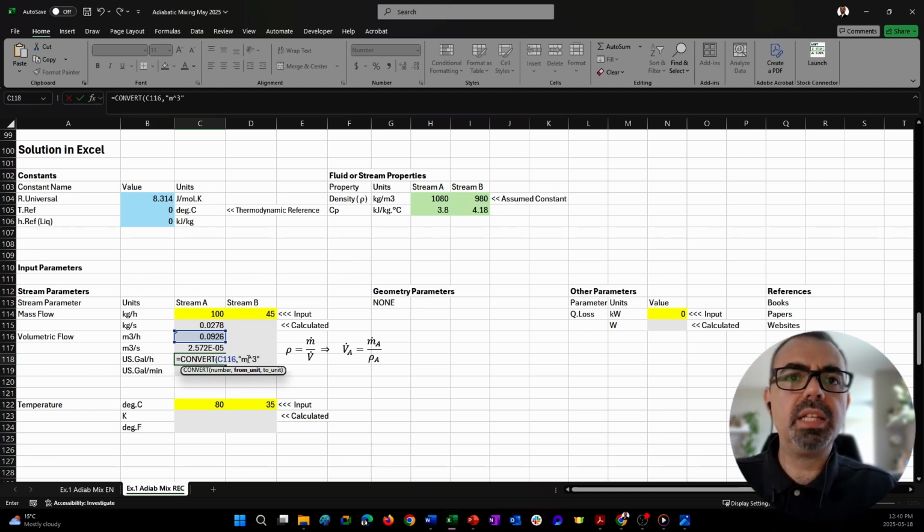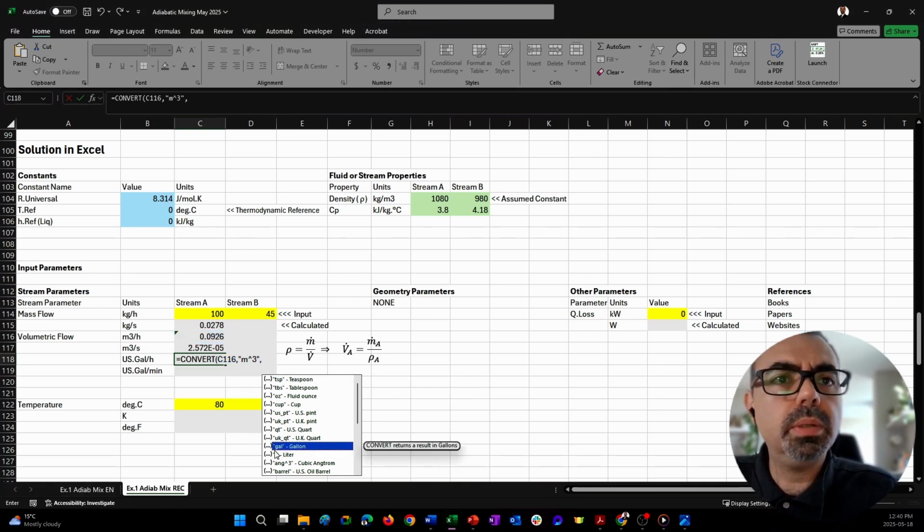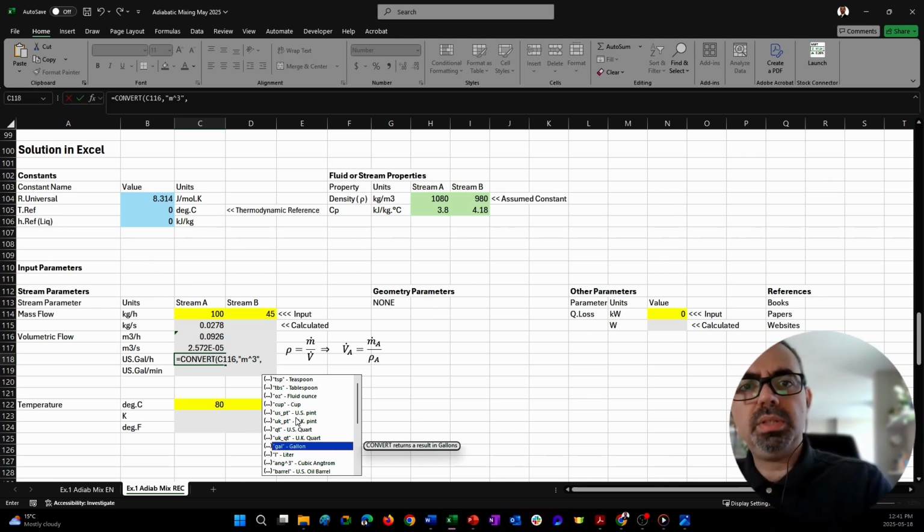Then it will ask me the next argument, to which unit you want to convert it. So I'm going to select the units that are related to volume, gallon. Notice one thing: once you select your original unit, Excel will tell you the other units you can convert to.